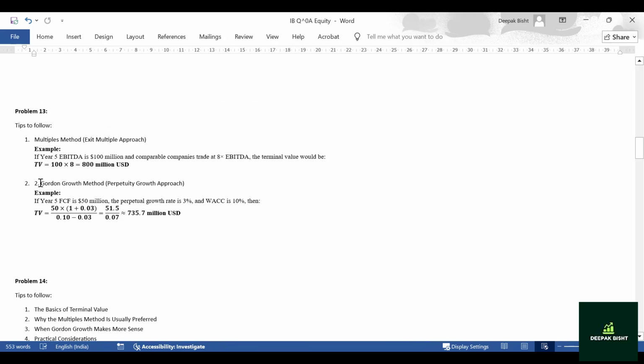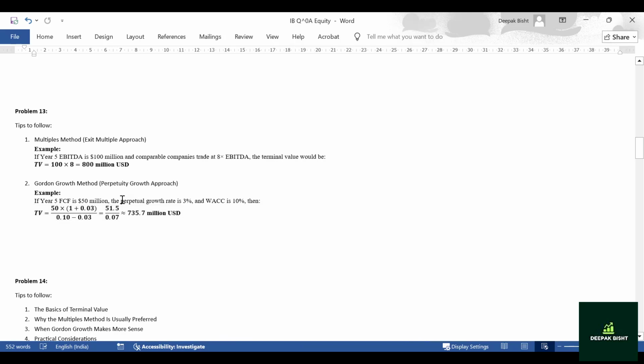And the second approach is the Gordon growth method, which we have discussed in detail. This approach assumes that the company will continue to generate cash flows indefinitely, growing at a stable and constant rate. That's why we use this formula.